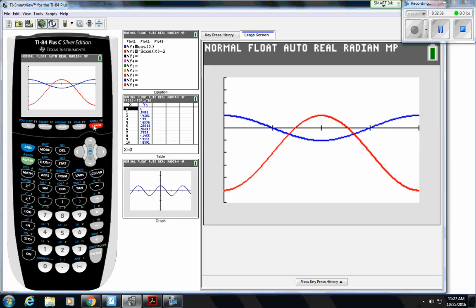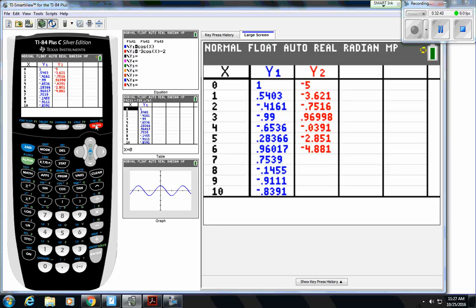Okay, let's just do something else. Let's go second graph. That takes me to what? The table of values, they are the ordered pairs. So the first thing that you see is x, and the x's are all angle measures.